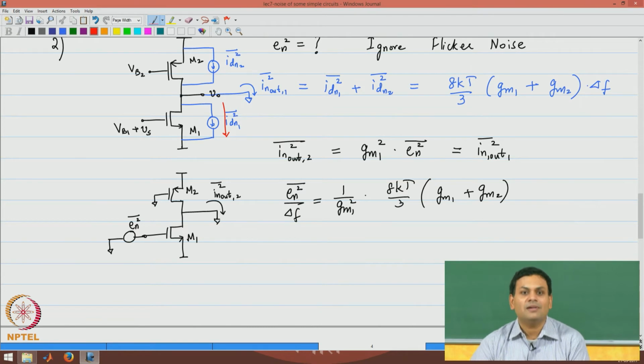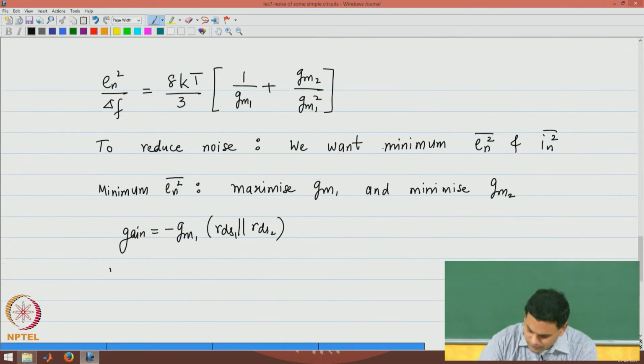So, it may seem, at least at the beginning, a little bit counterintuitive, but please note that the noise current squared increases linearly with GM, but the output signal increases as the square of GM.